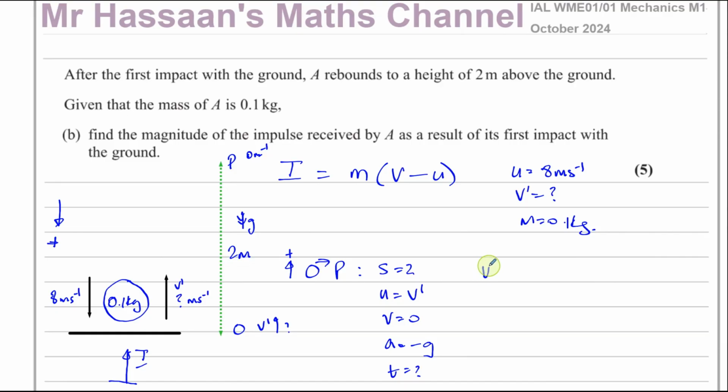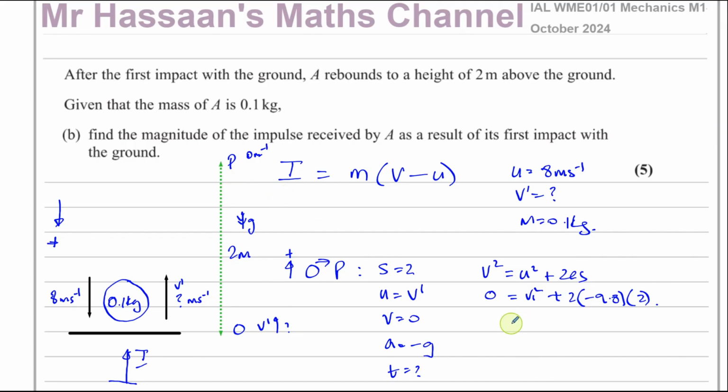So here we can use v squared equals u squared plus 2as. In this case, our v is 0. Our u is what we're trying to find, V dash. So 0 equals V dash squared plus 2 times minus 9.8 times s, which is 2. That will help us find the speed with which this left the ground.